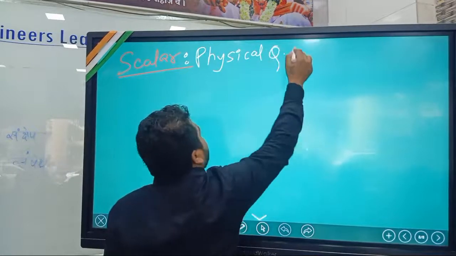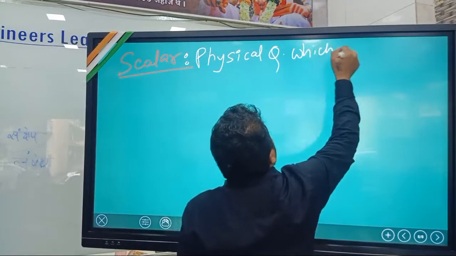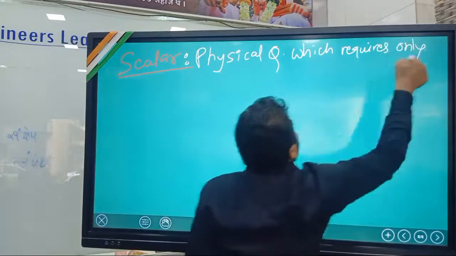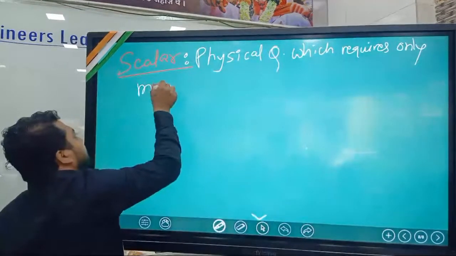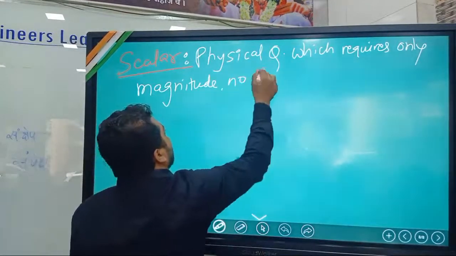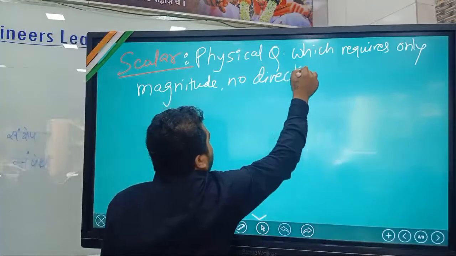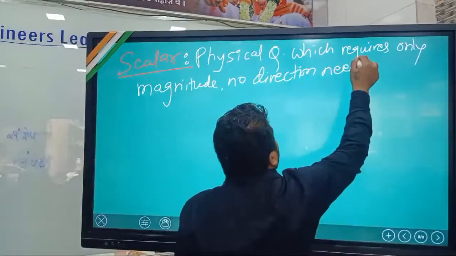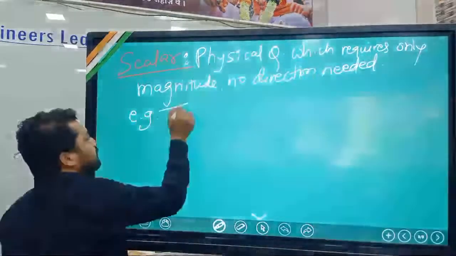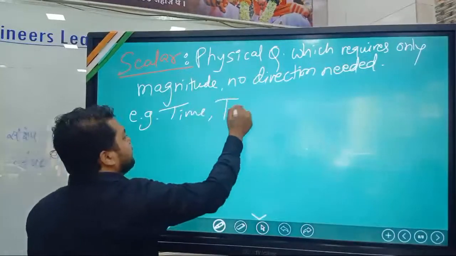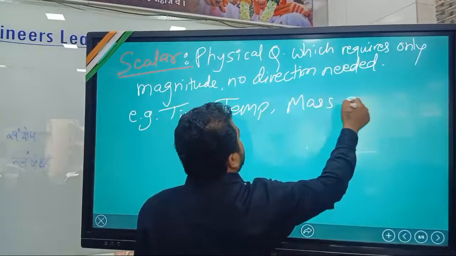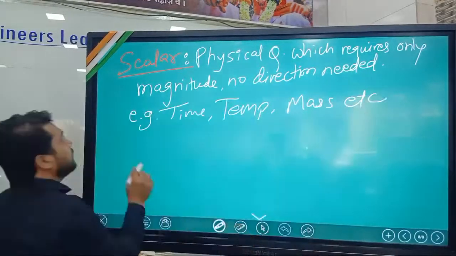Physical quantity which requires only magnitude, no direction needed. Example: time, temperature, mass, etc.